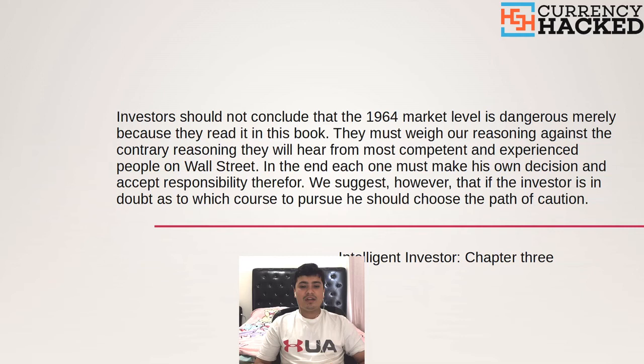Therefore, we suggest, however, that if the investor is in doubt as to which course to pursue, he should choose the path of caution. This paragraph is also very interesting because let's say if you want to invest in the S&P, Standard and Poor's, or DJIA, and if you don't know what to do, then you should choose the cautious path because you don't know what's going to happen. Let's say in COVID-19, you saw 25% or 30% discount in the index fund DJIA or S&P.